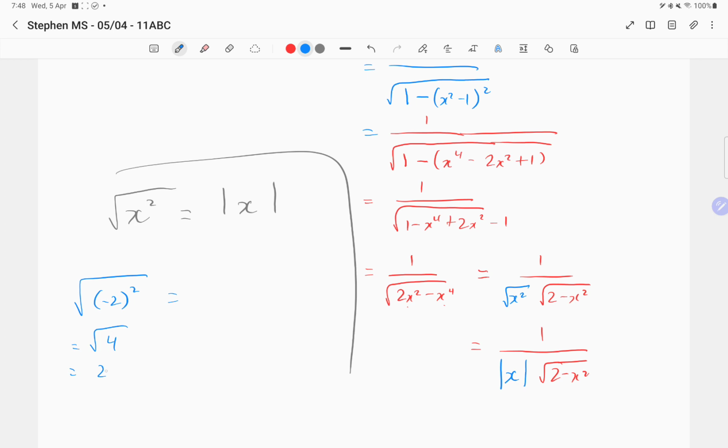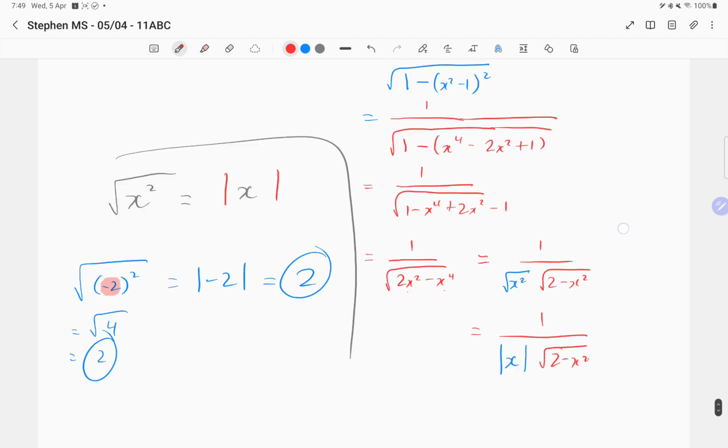But if you just write square root of x squared equals x, that would be wrong, because x is negative 2, but the answer is 2, not negative 2. So technically, it's the absolute value of negative 2. Because you're squaring it, you're making a negative into positive, so the answer has to reflect the fact that if it was negative, it got turned into positive. That's why it must be absolute value. Make sense? So you have to deal with negative numbers in square root. That's why it's absolute value.